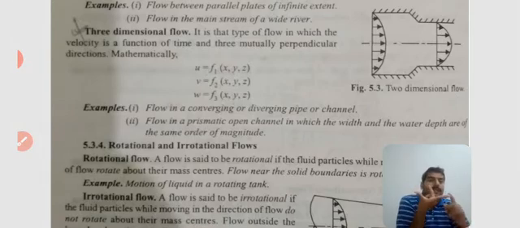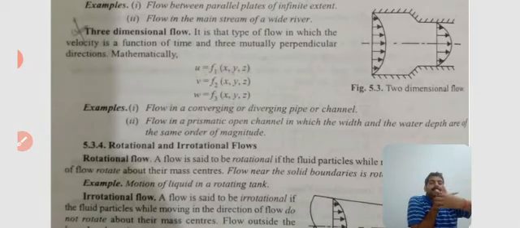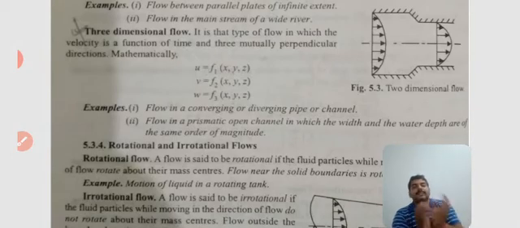The x-axis, y-axis and z-axis, that is three coordinates, mutually perpendicular, connected to each other.